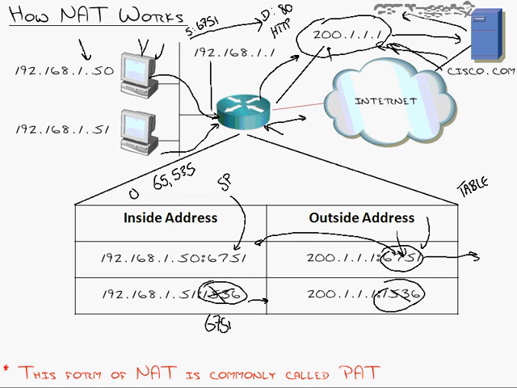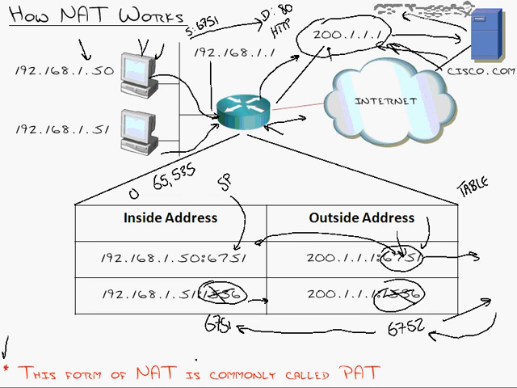The next person will get, it'll say, well, it looks like 6751's tied up, so let's use 6752 for you. And you'll go out as 6752. No worries, right? Because the web server gets that, sends it back, and the router sees it and goes, oh, okay, well, 6752 has to come back to 6751 on the inside of the network. That's why I put a little asterisk.